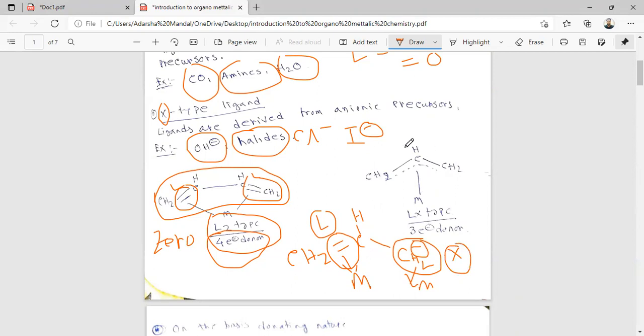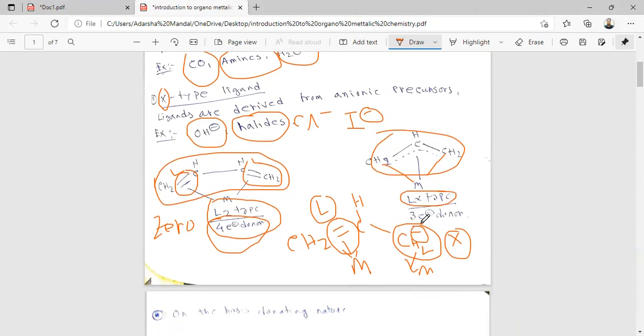Here this is the coordination mode of the allyl molecule. It will donate via the total 3 carbon atoms, and the overall electron density is delocalized over these 3 carbon atoms. So it is an LX type of ligand. That means it has a total of 3 electrons for donation to the metal center.